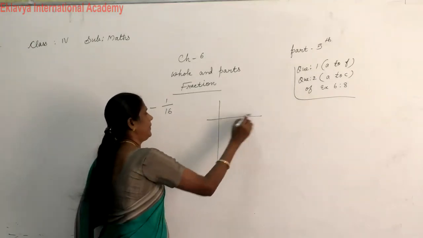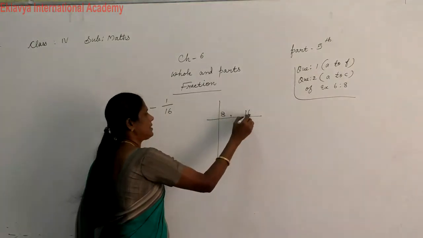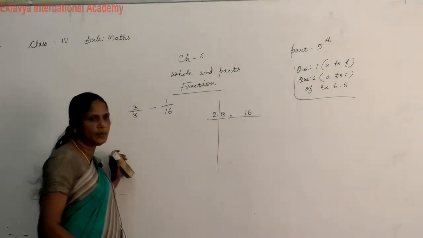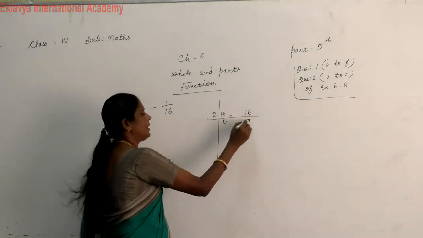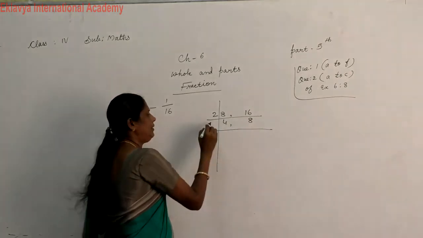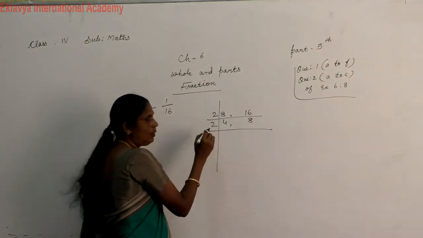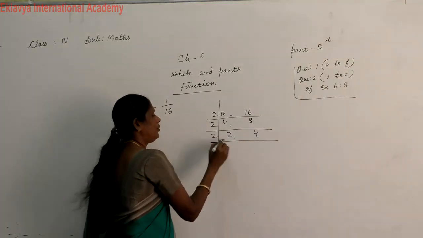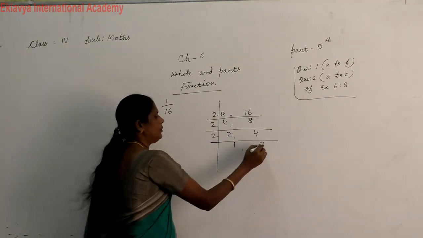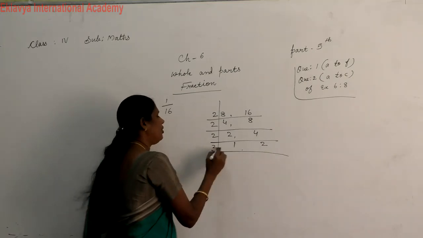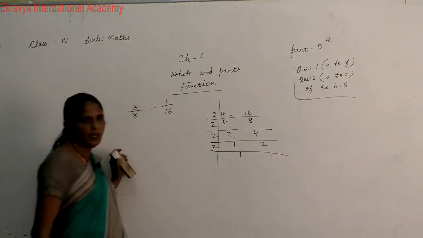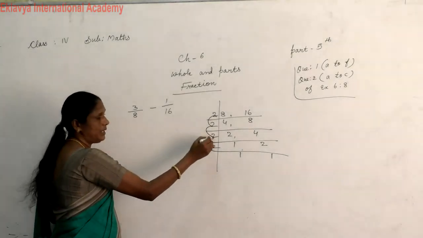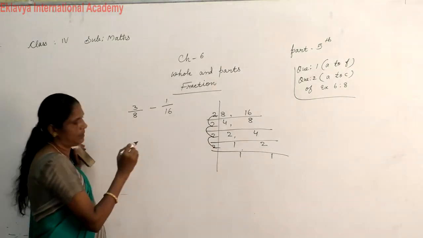Here 8 and 16, both divisible by 2, then again by 2, again by 2, until 1 and 1. The LCM is 2 twos are 4, 4 twos are 8, 8 twos are 16.